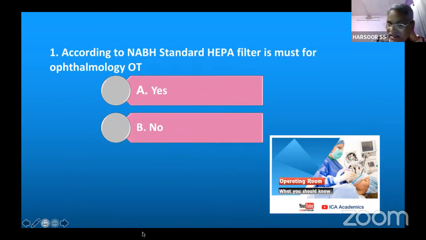Before we start that, we will have three questions. According to NABH standards, a HEPA filter is a must for an ophthalmology OT. Somebody is telling, any more people know? The voting pad is active, you can participate through voting. I'm very happy that the pad is working now.